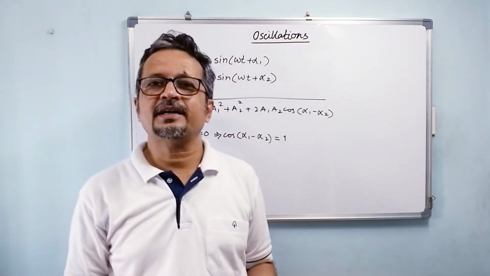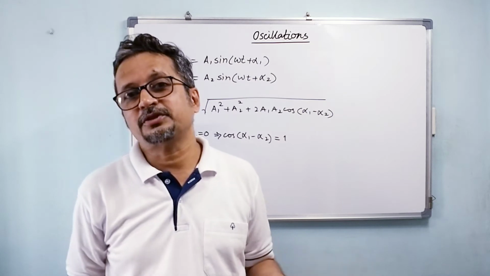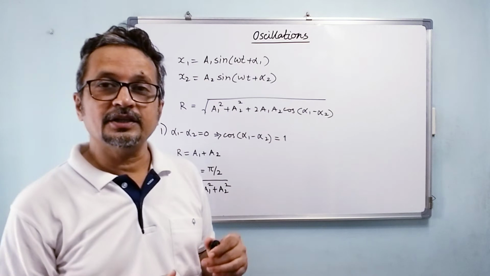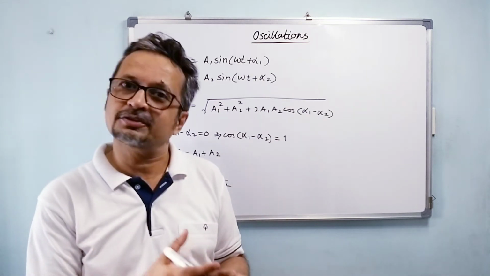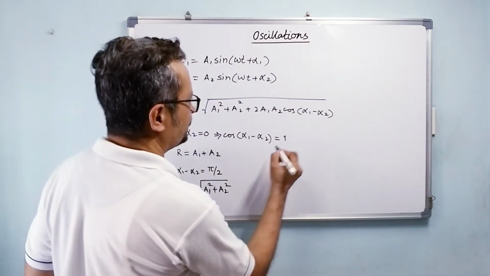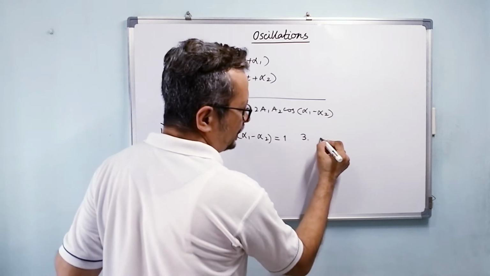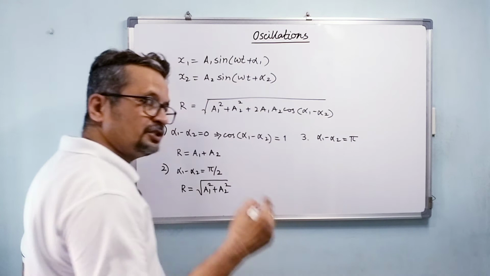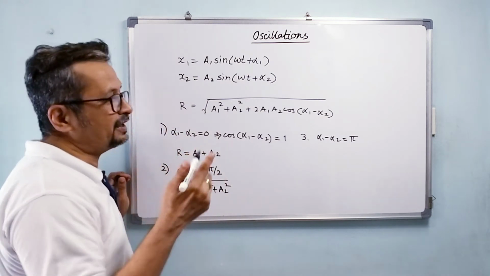Now what if they are in opposite phases? That means alpha 1 minus alpha 2, instead of 0 or pi by 2, is equal to pi. So in case 3, alpha 1 minus alpha 2 is equal to pi radian. Then cos of pi, cos of 180 degrees, is minus 1.